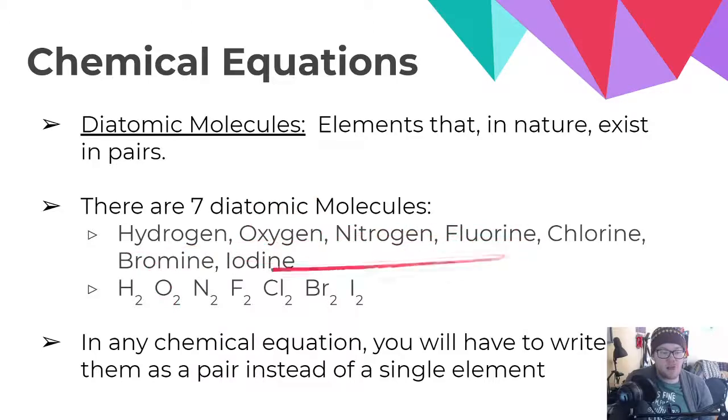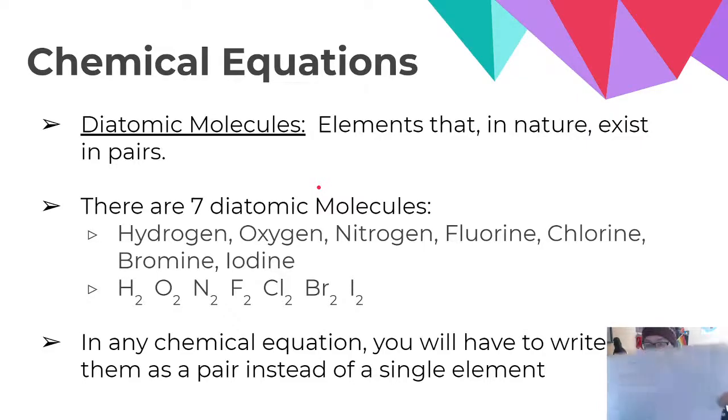Now, one way you can help remember that, I think I have a periodic table around here, if I hold this up to the camera, let's get it even closer. You'll notice that they form kind of a little 7.